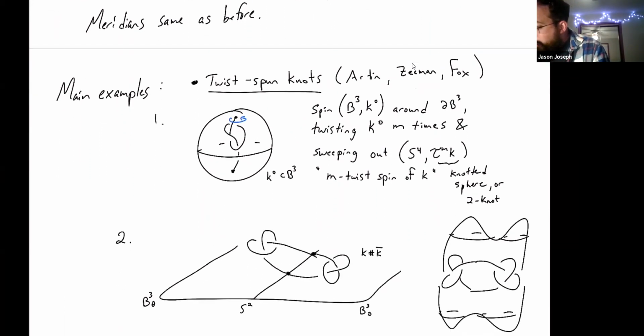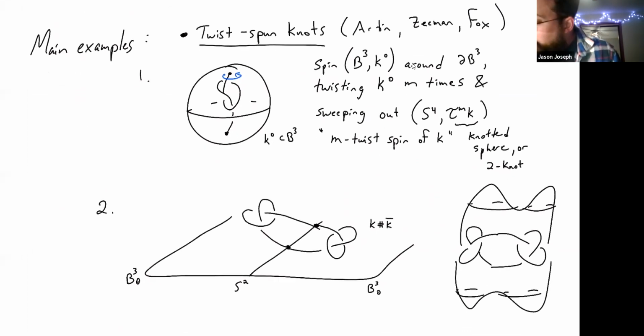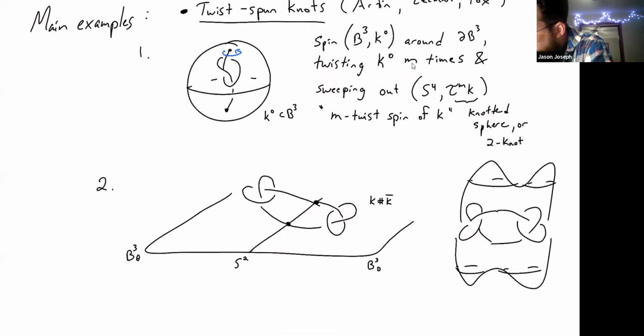Another picture. So if you just spin halfway, then in S^3 on the top here, you'll see the knot connect sum its mirror, and this disk stretches down into the 4-ball.